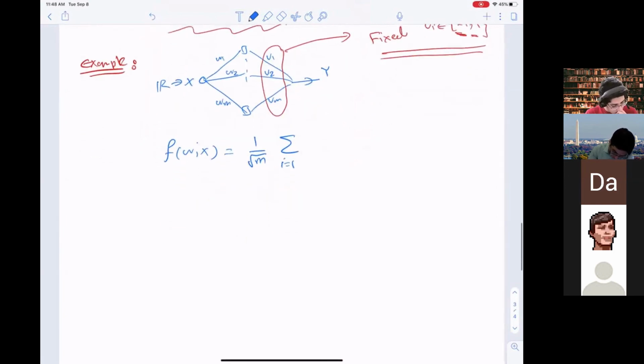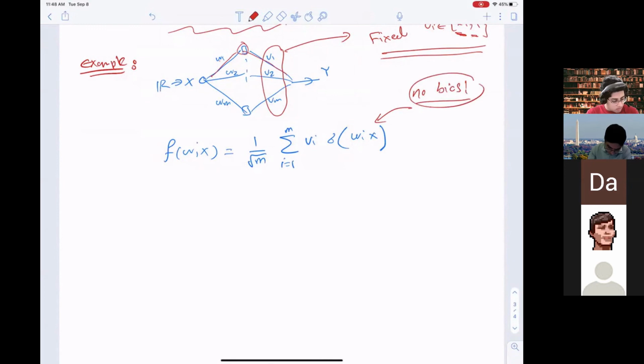So we have the sum of vi times my activation, let's say sigma, times wi times x. So for each path, you have wi times x, you apply the activation function. Again, another thing here is that we are assuming there is no bias term, just for simplicity. And I multiply with vi.